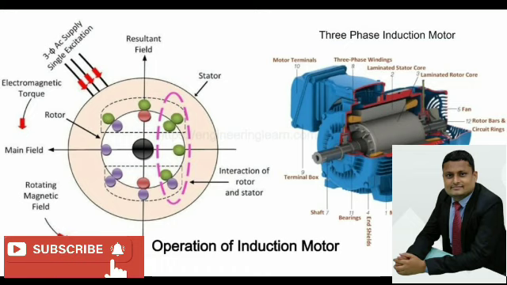So turns per phase, Tph equals Eph by 4.44 f phi Kw. So 400 by 4.44 into 50 into 4.76 into 10 to the minus 3 into 0.955, that will be approximately 3.96.